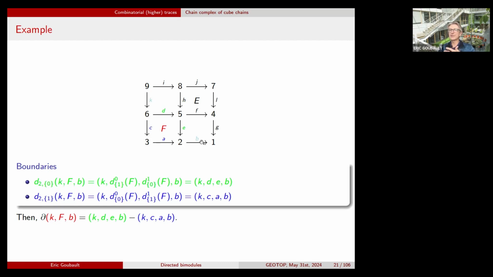So it's really the geometric boundary as a difference of the two directed paths at the boundary of this one cube chain, right? So it's a surface, and you just take the difference between the two directed boundaries of this very simple surface.